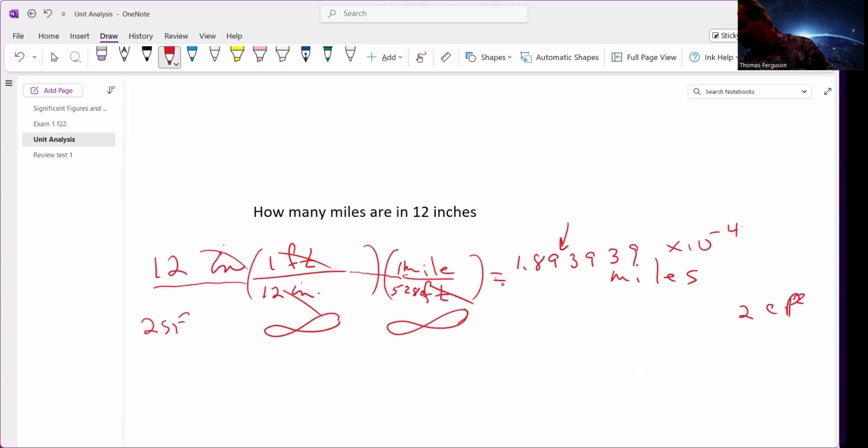Okay, so we go to the third place. That's 5 to 9, so we're going to kick up the 8 to a 9, so it's 1.9 times 10 to the 4th miles.